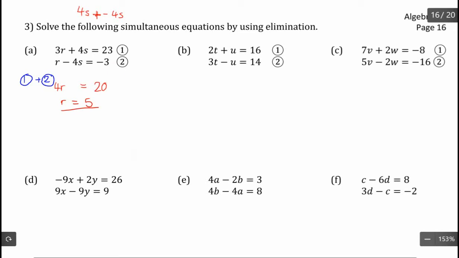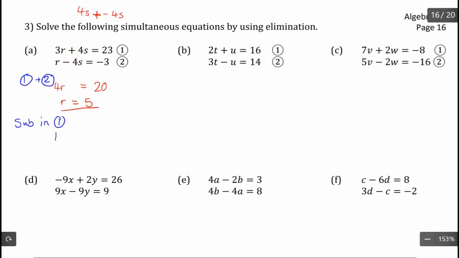We're going to sub that in to either of the equations, but I try to make it as easy as possible if I can do. For example, I wouldn't substitute this into equation 2 because then my s is already negative. I would substitute into equation 1 here, even though I've got to then multiply it.